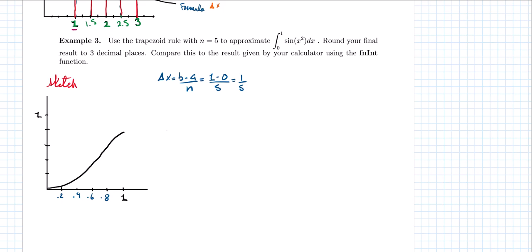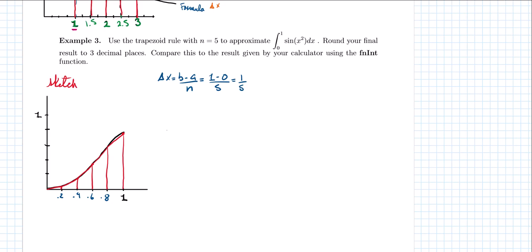Alrighty, so creating the trapezoids. So this one here is going to be our first trapezoid. Then the next one here. Okay, next trapezoid. So the 0.8 one here, there we go. And last but not least, there we go. Alrighty. Okay, so let's see.